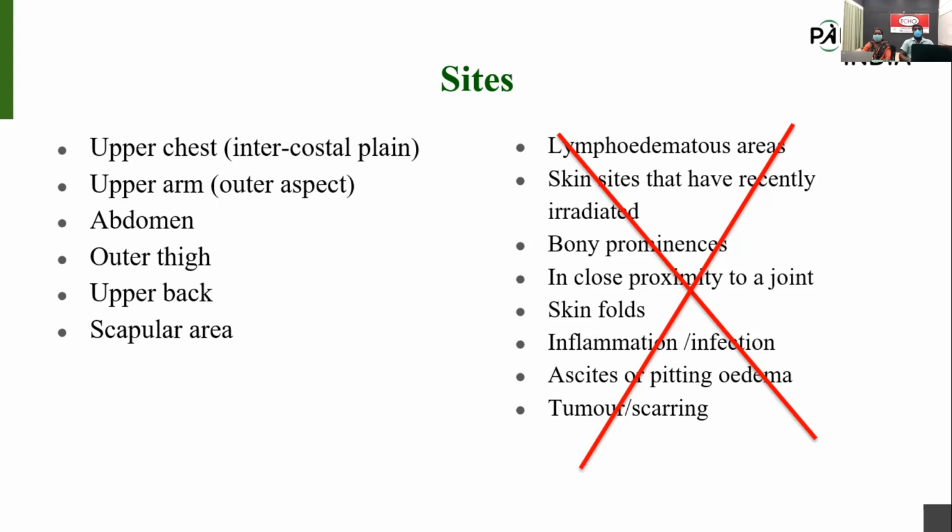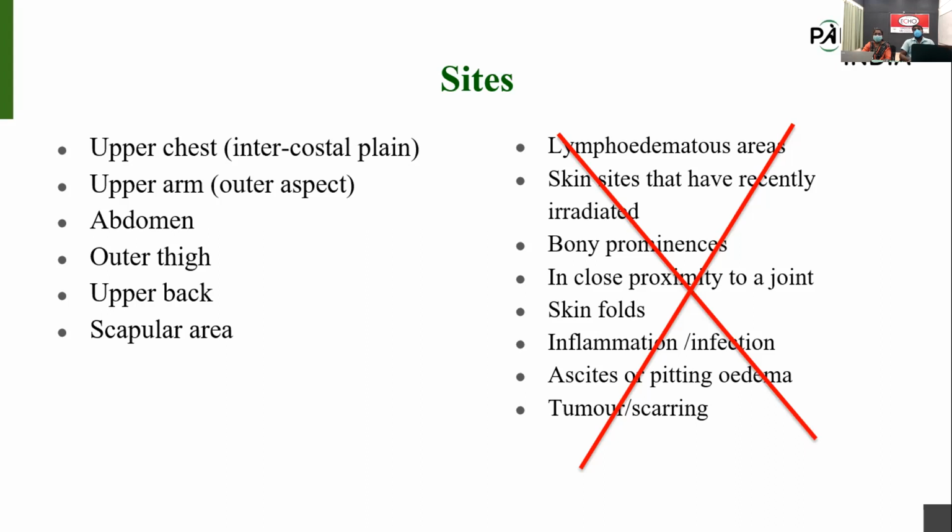Then if the site has any recently irradiated skin, like the area we just noticed, we need to avoid that. Then bony prominence, nearest area to the joints, then skin folds, then any inflammation or infection signs we see on the area, then any skin irritation area, we need to avoid.